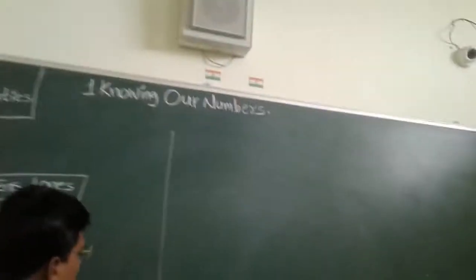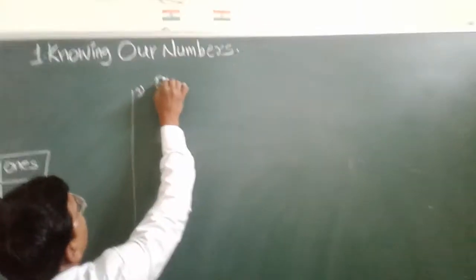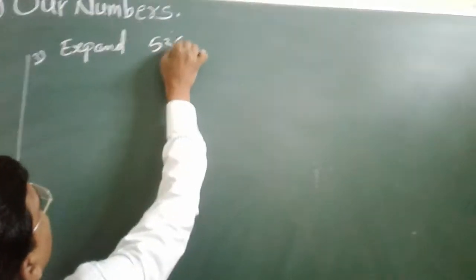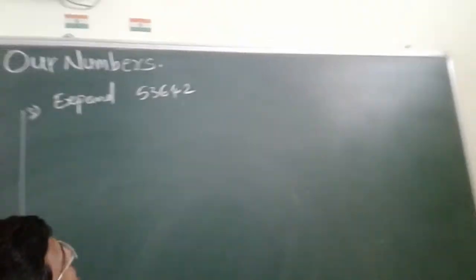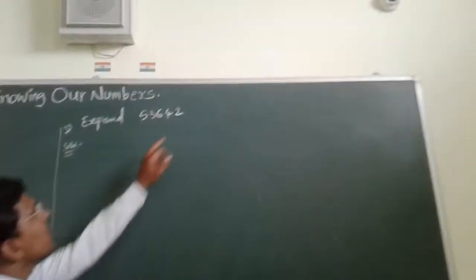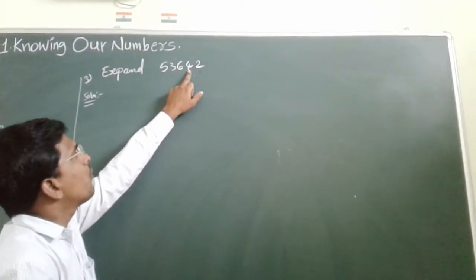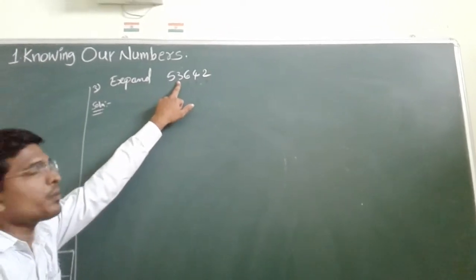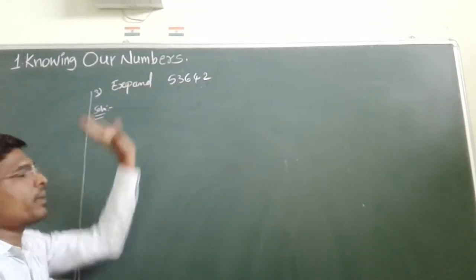See, third question, expand 53,642. These are big numbers, and here you can expand them. First you have to know 2 is in ones place, 4 tens place, 6 hundreds place, 3 thousands place, 5 ten-thousands place.